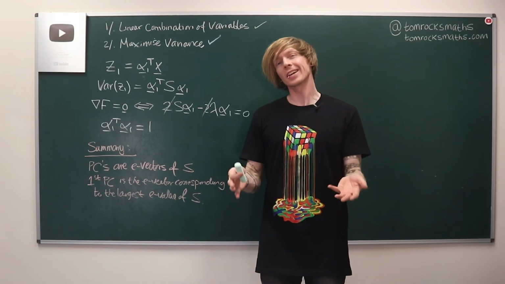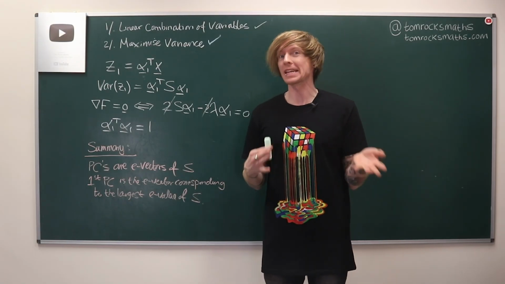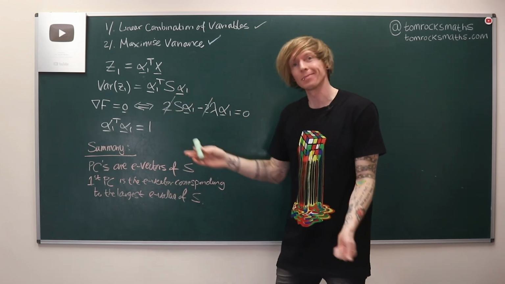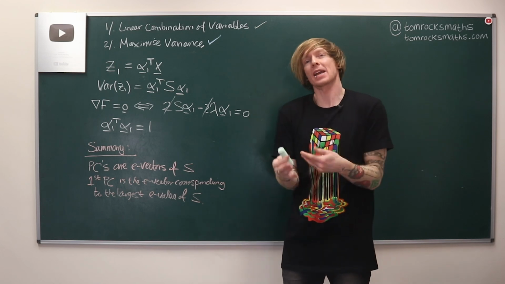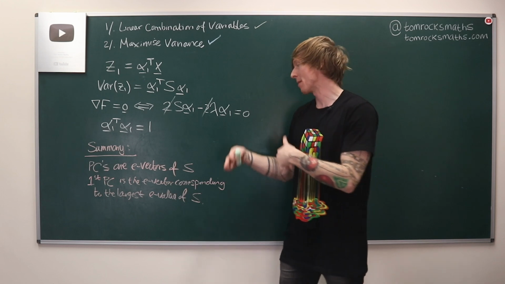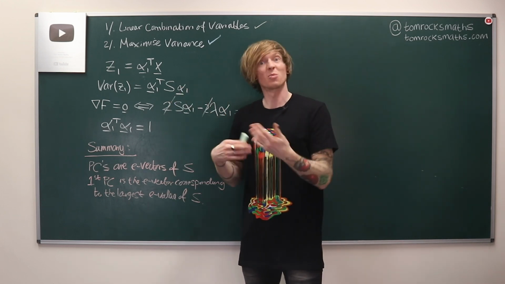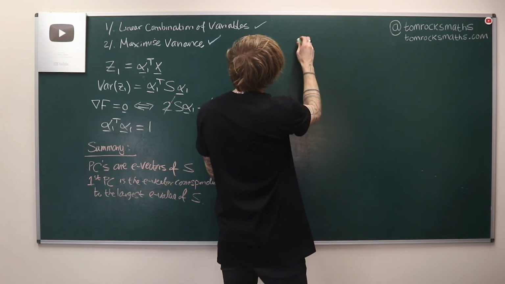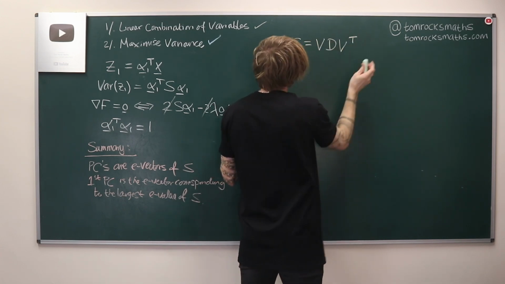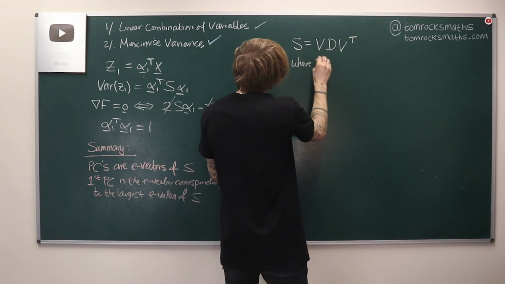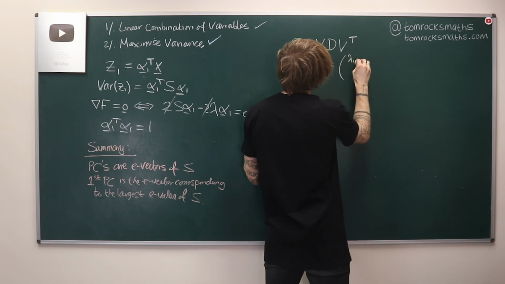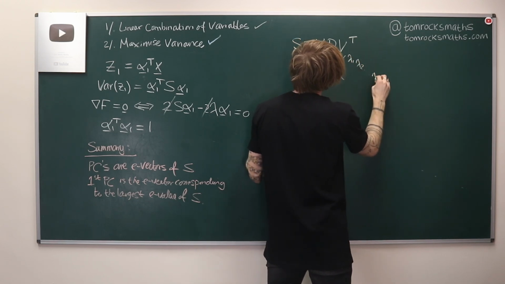As a final little nugget, taking some of my favorite theory from linear algebra, because the covariance matrix S is symmetric, which just follows from its definition, then we know that there will exist a basis of eigenvectors, and we can in fact diagonalize S. So we can write S is equal to V times D times V transpose, where D is a diagonal matrix, and along that diagonal it just has the eigenvalues, like so.